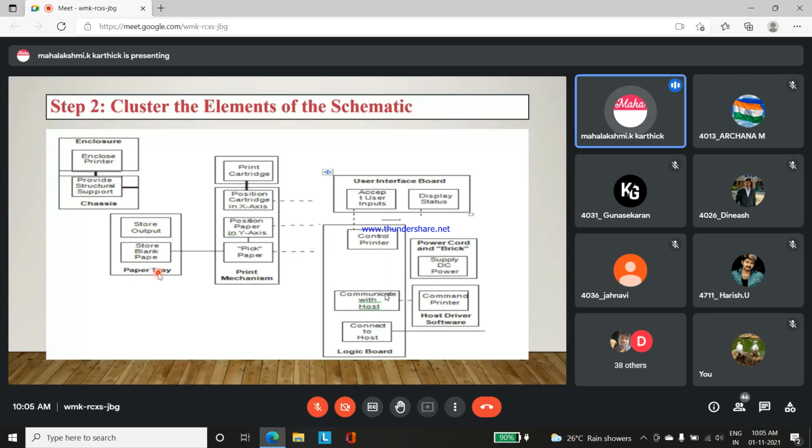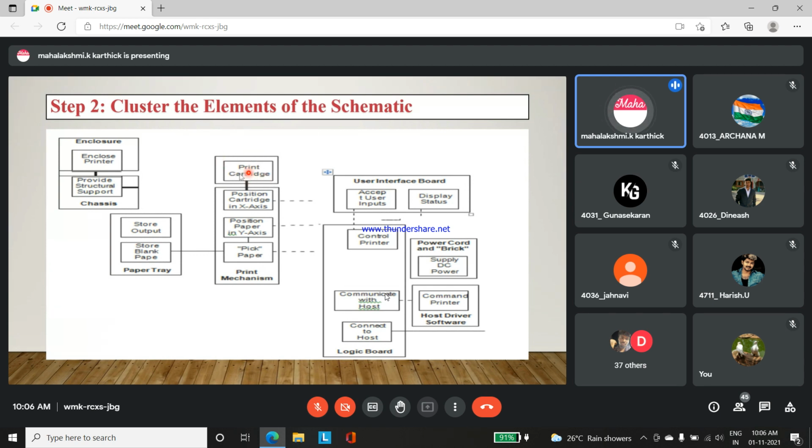Next, again they have grouped as paper tray, where the functional elements store output and store blank paper become an integrated one. Similarly, positioning the cartridge in x-axis, positioning the paper in y-axis, pick paper, all together can be grouped as print mechanism. So in the step 2 process, they identify these elements can be grouped together and they have given a separate name for it. And here this physical element, print cartridge, is easily replaceable.